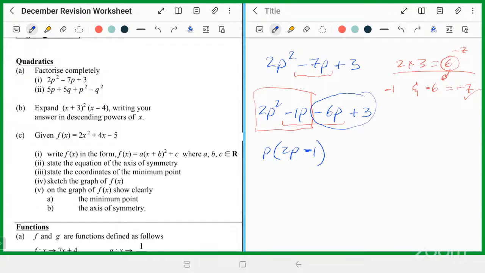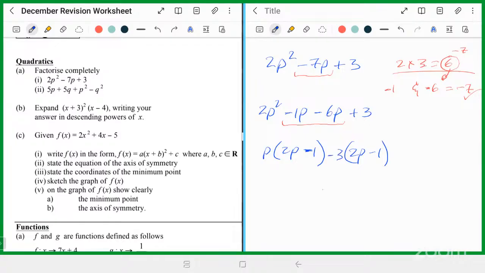Alright, so I'm going to clean this up a bit. So we're going to write back the same expression over here first, which is the 2p minus 1. And then to decide what comes out here as a factor, you can divide, for example, this positive 3 by this negative 1. So 3 divided by negative 1 is negative 3. Or we could have divided this negative 6p by this 2p. Anyway, take it, it is negative 3.